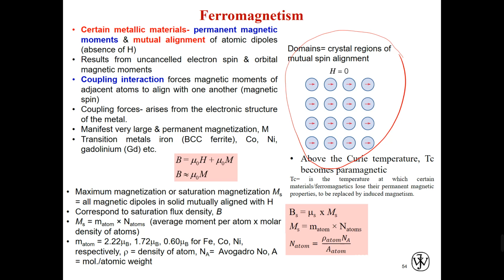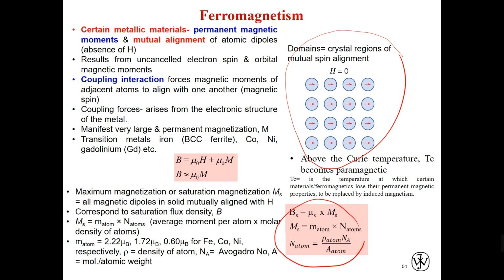The equation for Ms is M atom times N atoms. What is M atom? It differs between materials. For example, Fe is 2.22, Co, cobalt, is 1.72, and nickel is 0.60 respectively. Rho in this equation is the density of the atom, Na is Avogadro's number, and A is the atomic weight per mole.